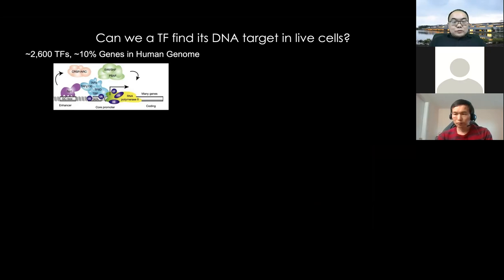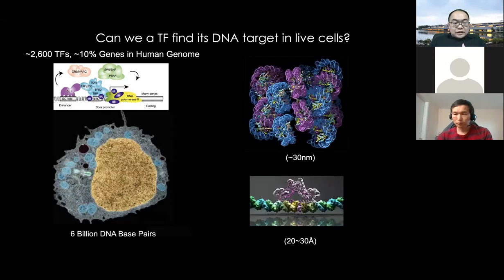Let's assume you are a transcription factor. You actually face a very daunting task. You have to navigate through the 3D nuclear environment and search through 6 billion base pairs of DNA and eventually land onto a tiny piece of target, which usually only consists of several DNA base pairs.